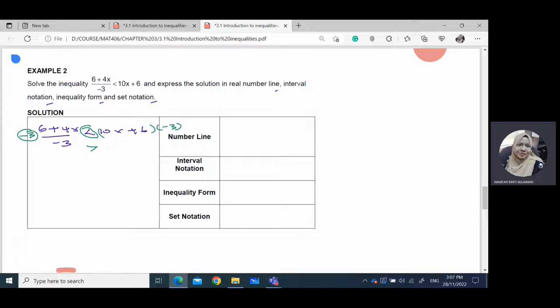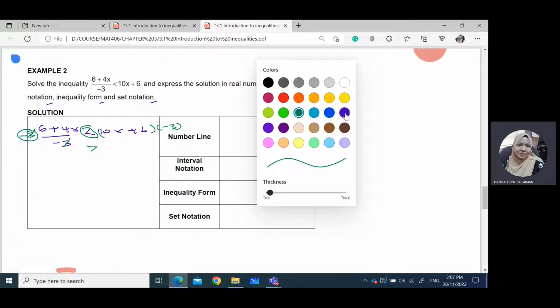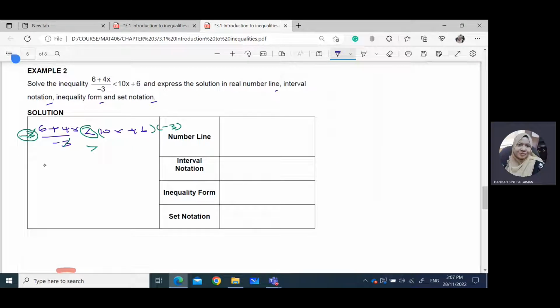Okay, so negative 3 times 6 plus 4x over negative 3. So this negative 3 can be cancelled out. Then here we have 6 plus 4x greater than 10x times 3. We have negative 30x. 6 times negative 3, we have negative 18.